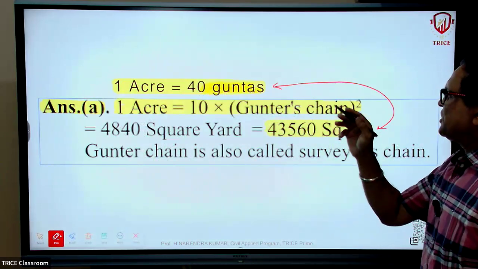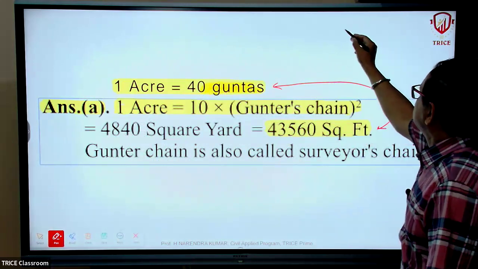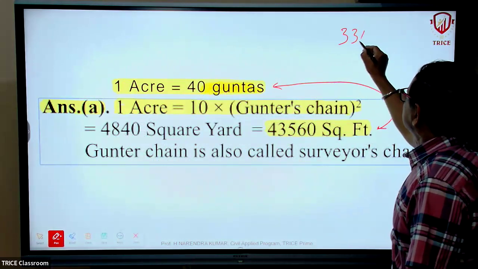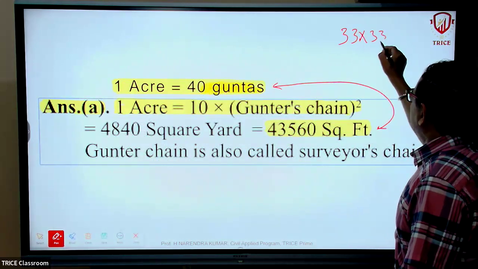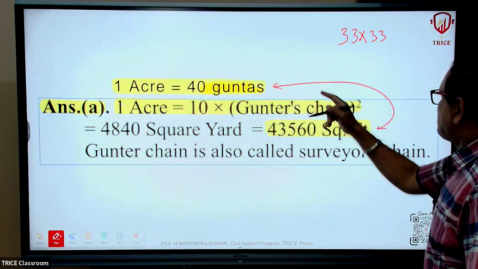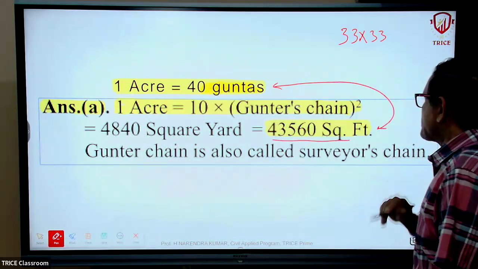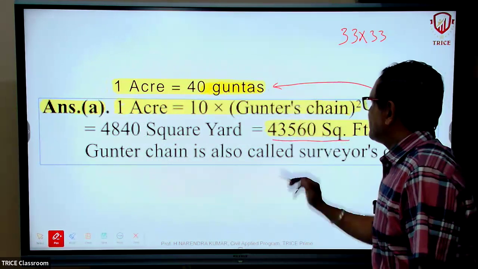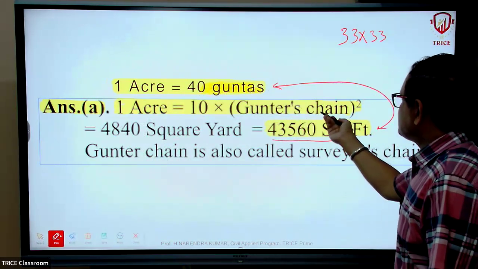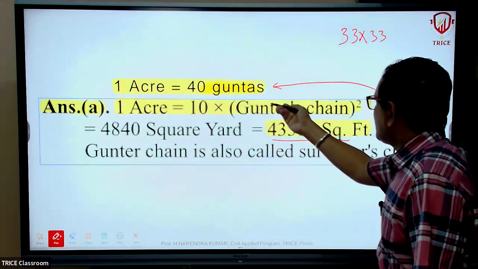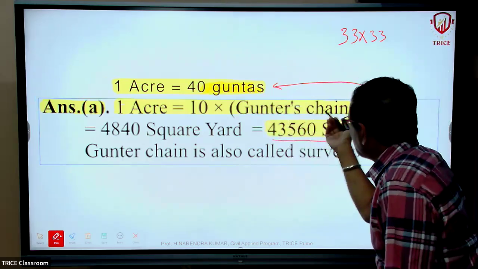Each gunta is nothing but 33 multiplied by 33 feet. So you'll get some answer. Multiply by 40, you will get this answer. These two are interrelated. Once again, what is this guntas chain? This gunta is derived from the guntas chain.